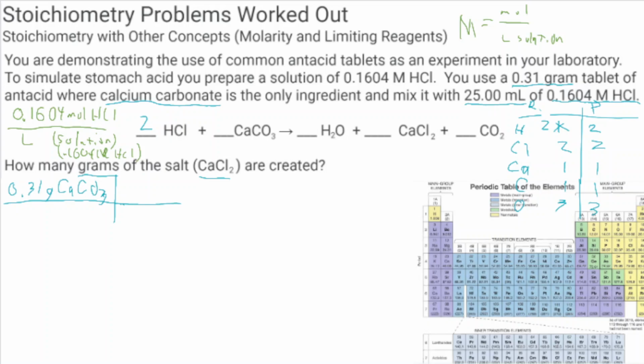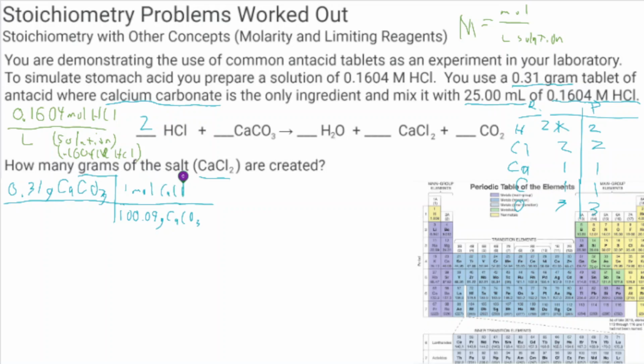When we do that, we get 100.09 grams of calcium carbonate, and we're going to have that for every mole of calcium carbonate.